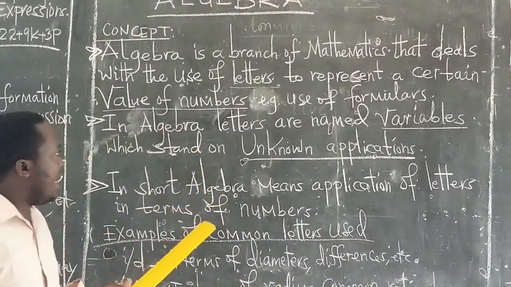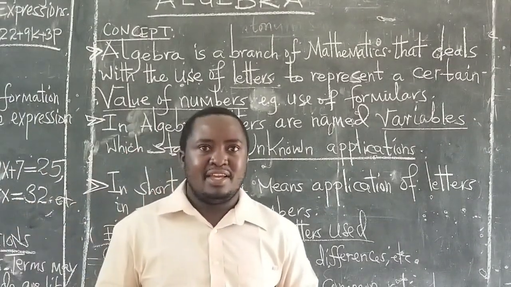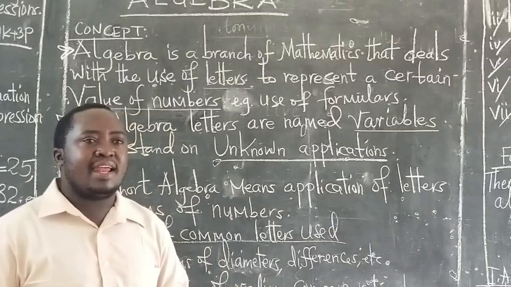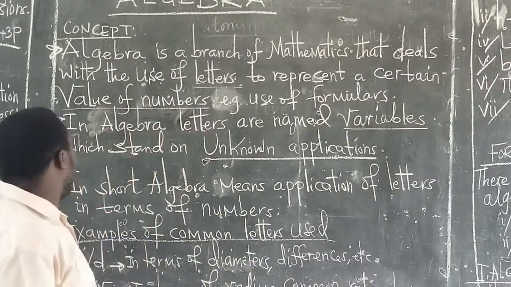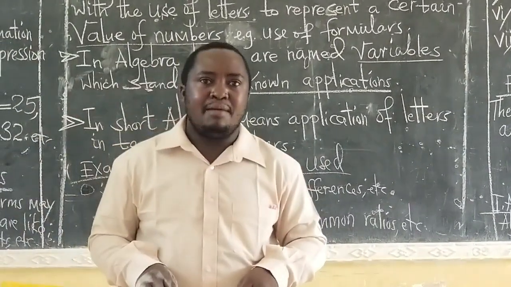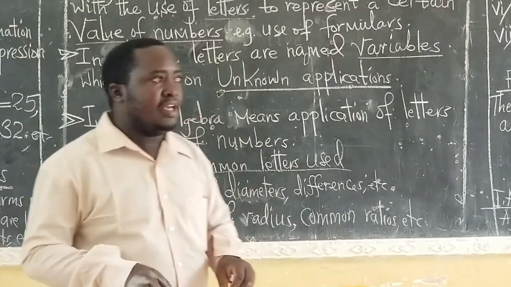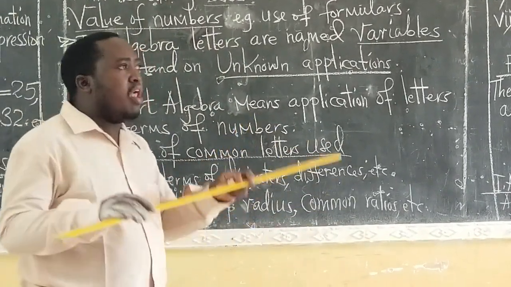In algebra, the letters we use are named variables, which stand for unknown quantities. So it represents a number which is not known.